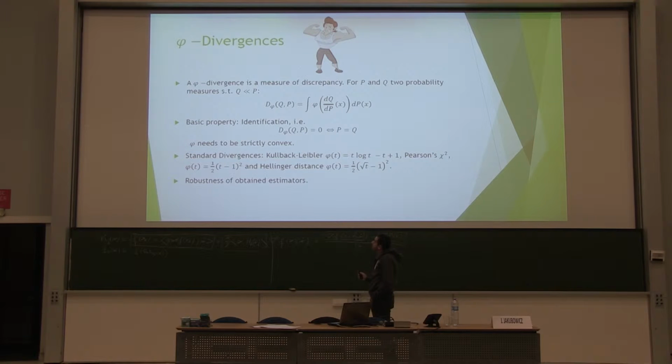The question is, why use phi divergences? A very interesting property is that they are robust against outliers and against misspecification, which means that if the model does not contain the true distribution, but provided that the true distribution is not very far from it, then the phi divergence can be robust, and we get estimators not very far from the true ones.